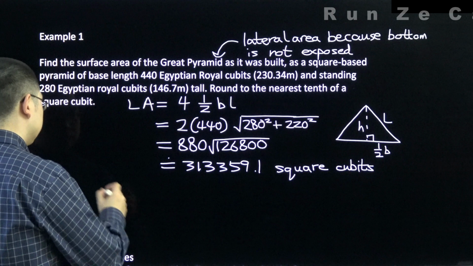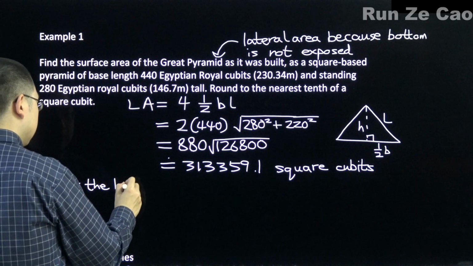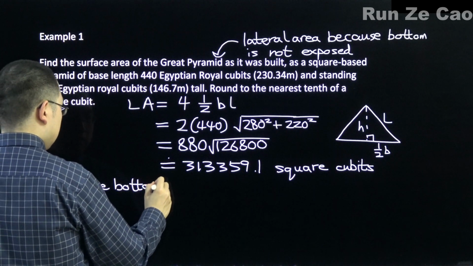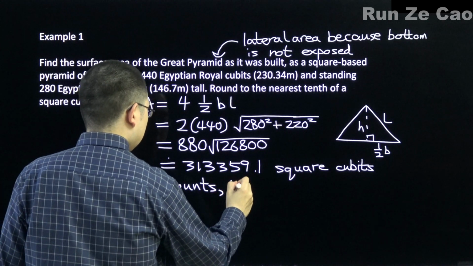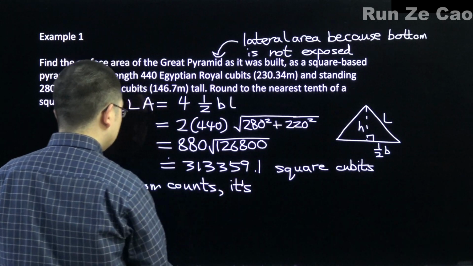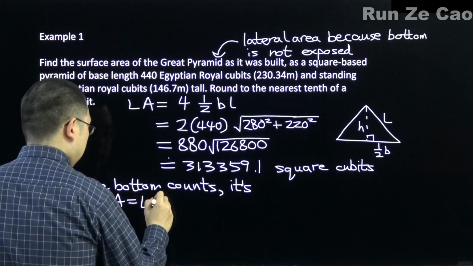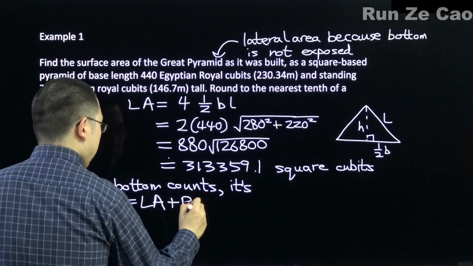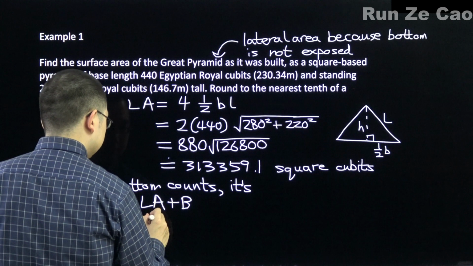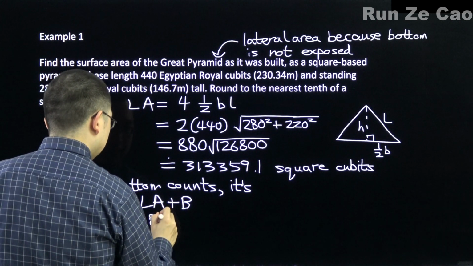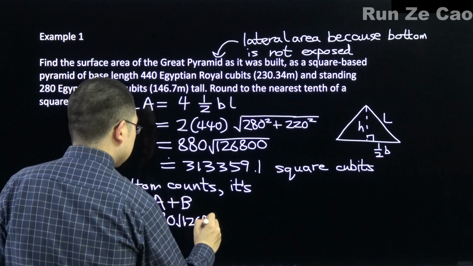What if the bottom counts? SA equals LA plus base. So that's 880 root 126,800.